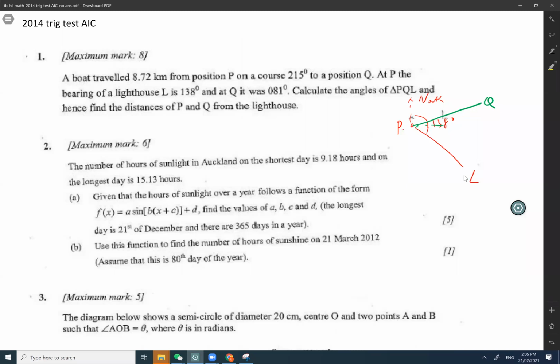At Q it was. That means Q is here. And this one, 81 degree.